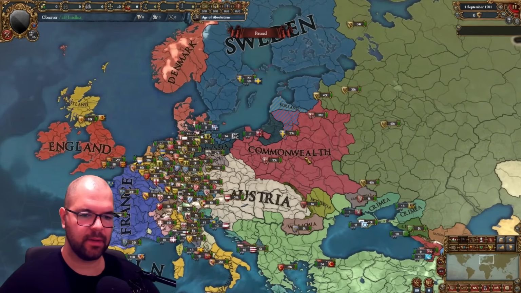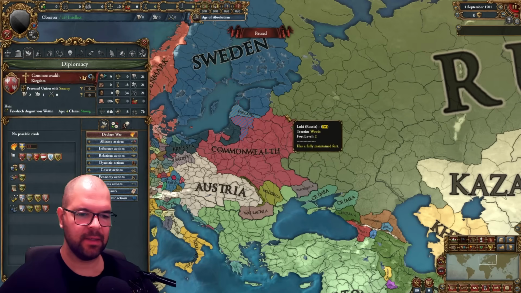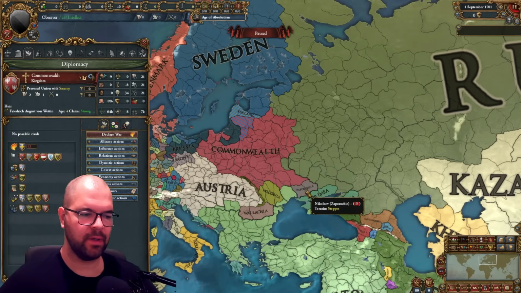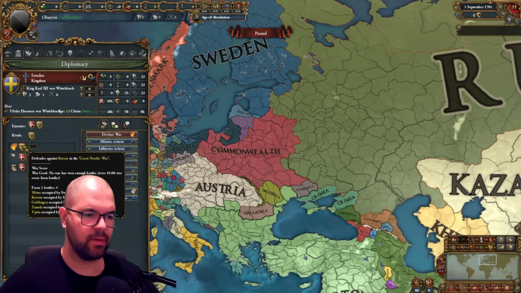Here we got the Commonwealth, which is actually a combination of Poland and Lithuania, and they were stronger or held larger territory, but I guess in this timeline they lost some land to Russia, and they are at war with Sweden, and they are the defender against Russia.